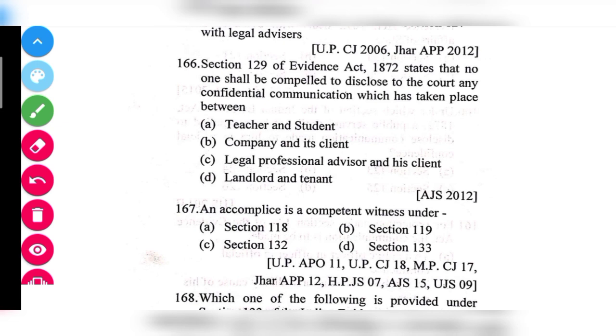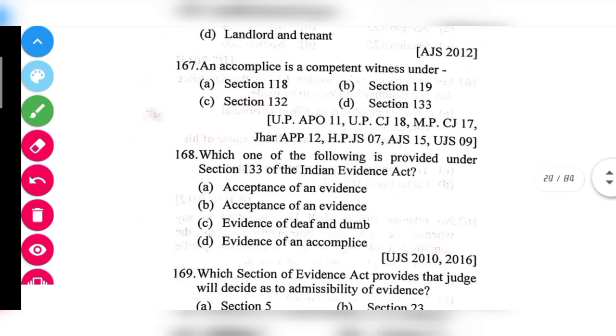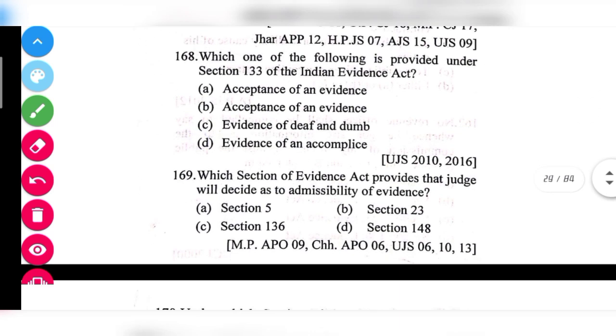Answer C. 167 An accomplice is a competent witness under? Answer D. 168 Which one of the following is provided under section 133 of the Indian Evidence Act? Answer D.